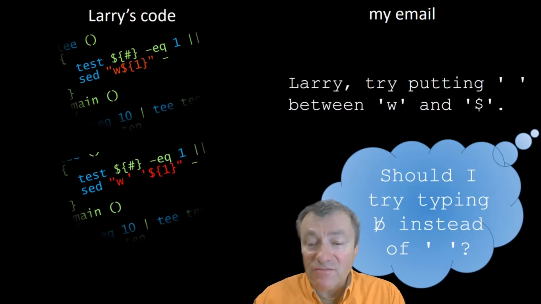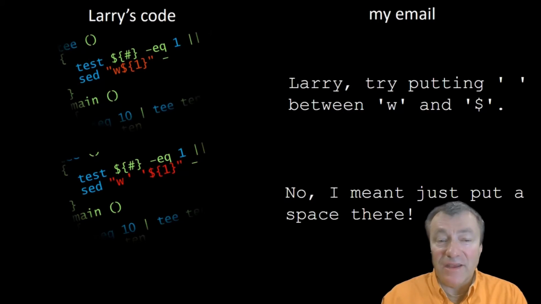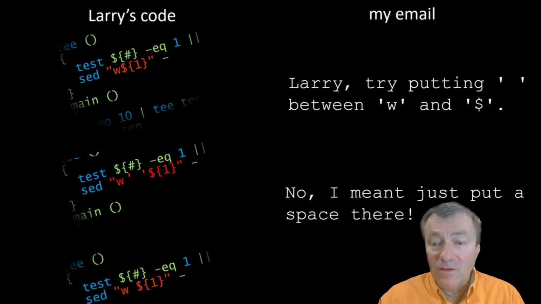Unfortunately, I cannot find such a character on my keyboard. It doesn't seem to be available in my email text editor. So, in plain English, I decide to just tell Larry to put a space there. Fortunately, he gets the point, and after fixing his code, the program runs.